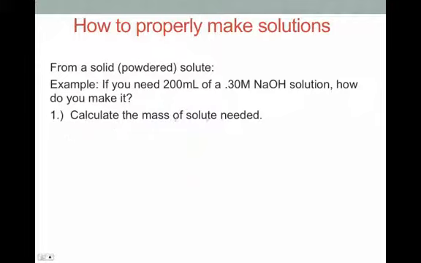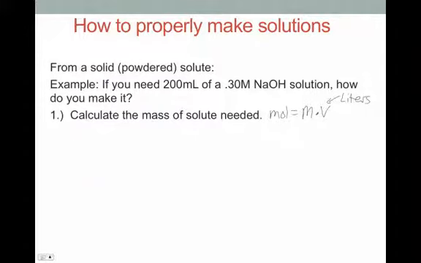In order to do that, we're going to take our concept of moles is equal to molarity times volume. And in this case, the volume does need to be in liters.